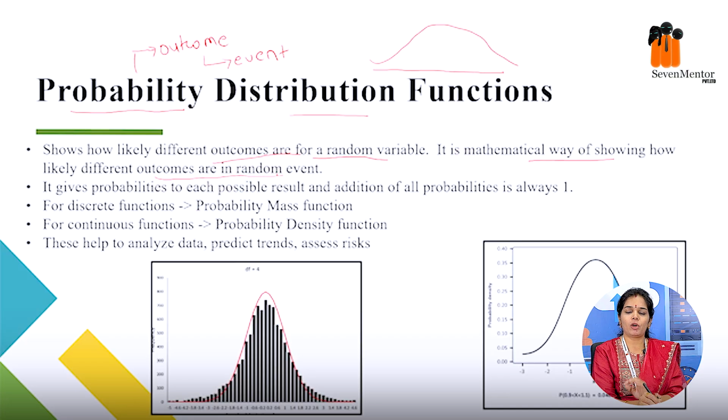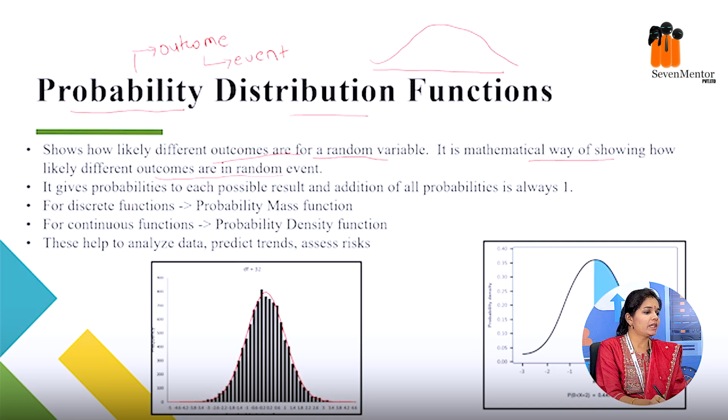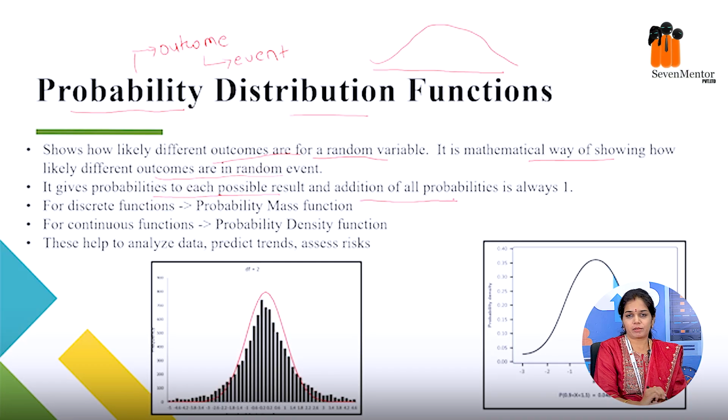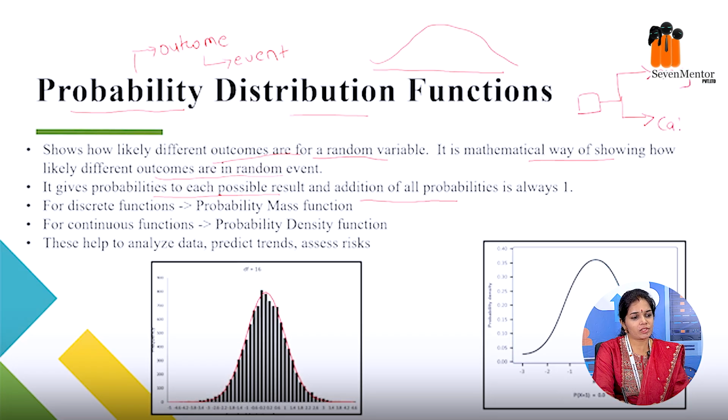Here we are talking only about sample data, we don't check it for the population. It gives the probability of each possible result, and the addition of all the possibilities is 1. Let's say for a model, I give some input and ask it to predict whether it is a dog or a cat. The probability of dog is 0.8, then the probability of cat will be 0.2.